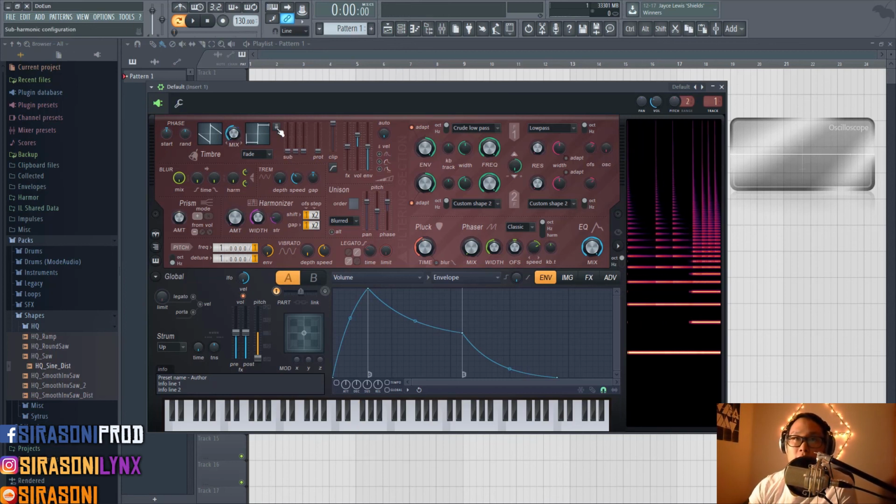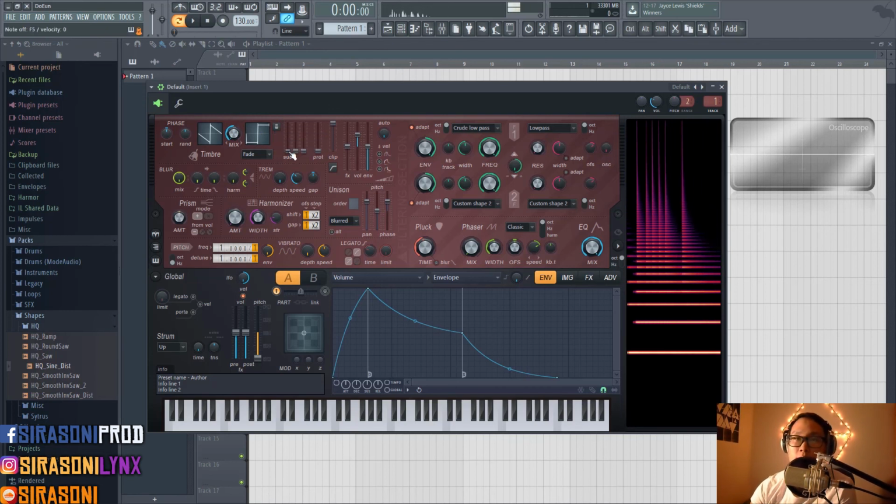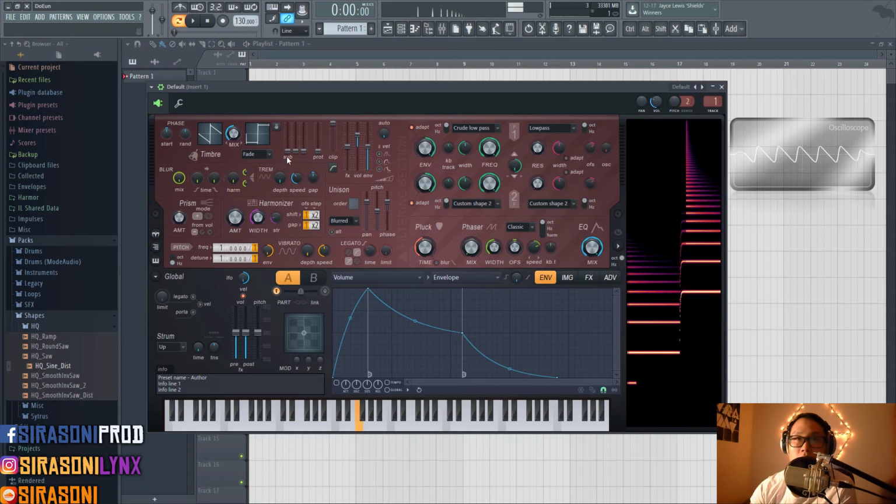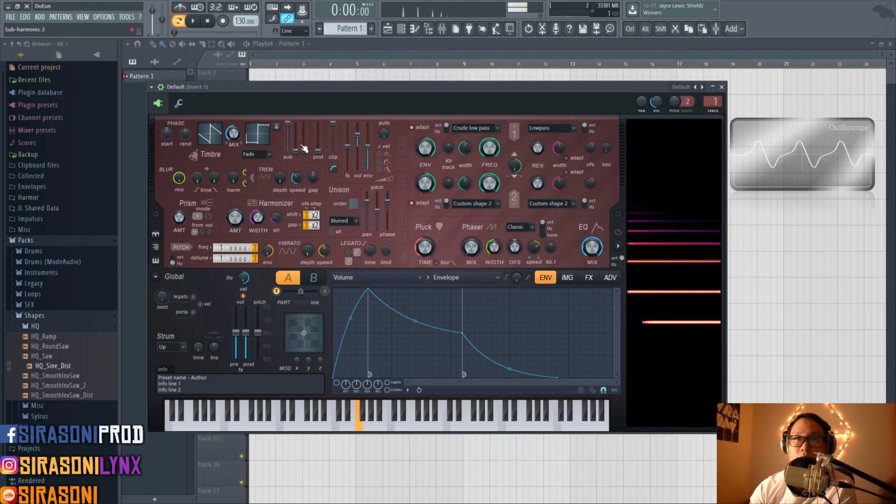All right, and then we've got the sub section right here, and a little switch right over here around fundamental below. This adds sub below an octave, a fifth, so octave, and then a fifth above it, an octave below, and then a third above it, which is a major 10th from whatever this octave is.